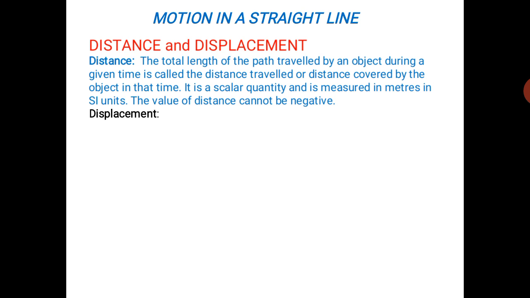And one more thing you have to remember, it is a vector quantity, meaning it has a start point and an end point. Suppose the body travels from A to B, then we write AB vector, and if the body travels from B to A, then we say BA vector. BA vector means the body starts from B and ends at A. AB means it starts at A and ends at B.